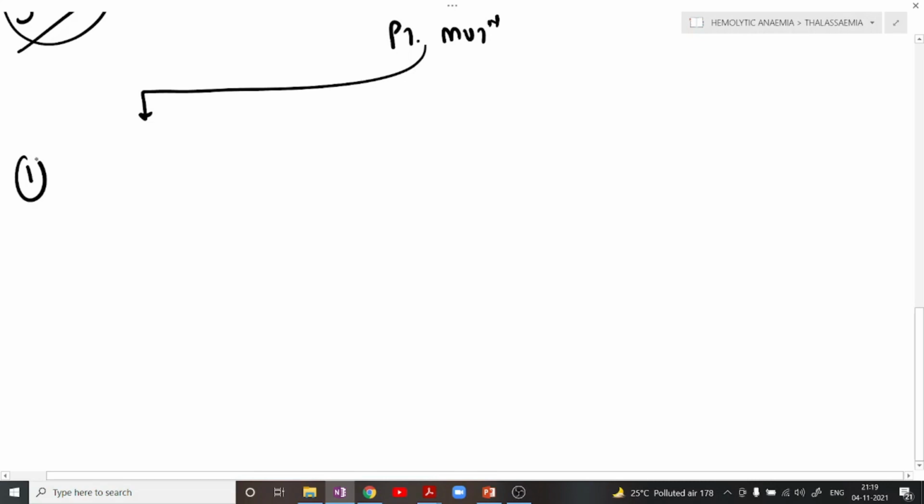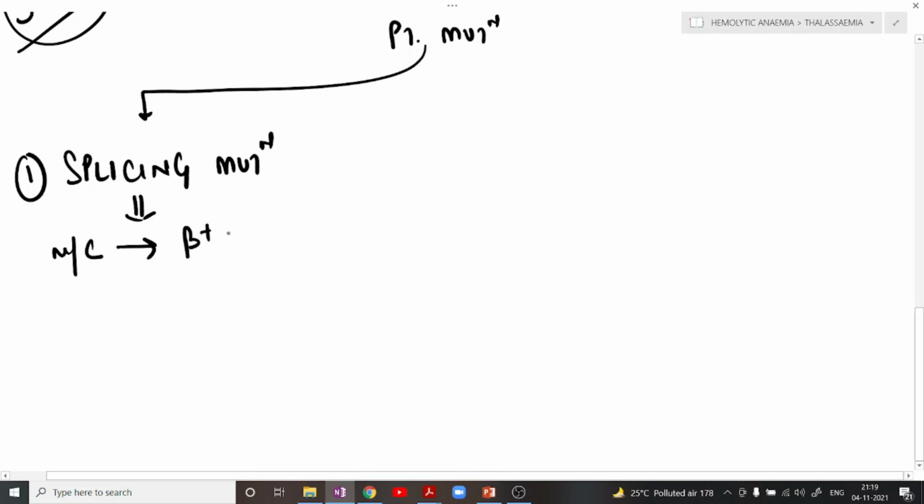Number one is your splicing mutation. Now, this kind of point mutation most commonly gives rise to beta plus thalassemia. Okay, beta plus. So it is not a severe form. There is reduced but detectable synthesis of beta globin chain seen over here. So what is the basic thing that happens?